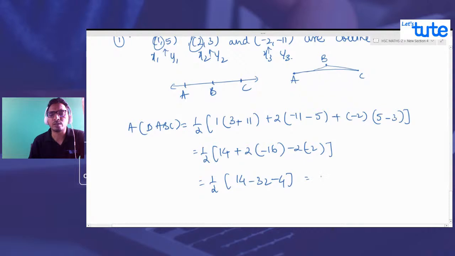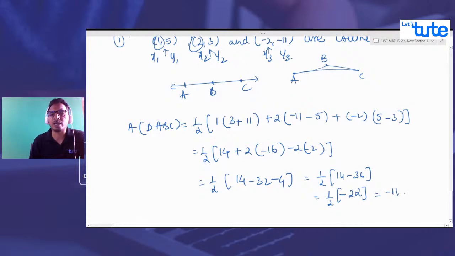So this would be 1 by 2, 14 minus 36. So 14 minus 36 would be -22, correct? Fine. So that would be equal to -11.